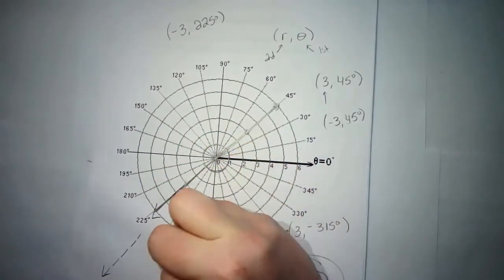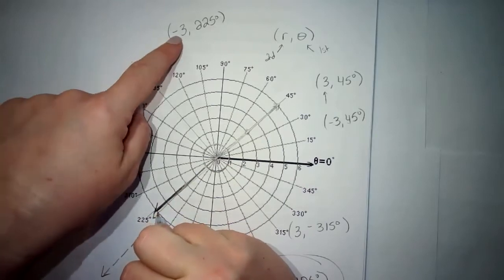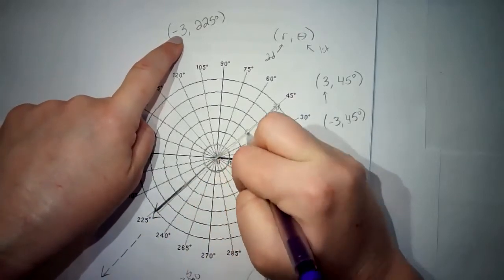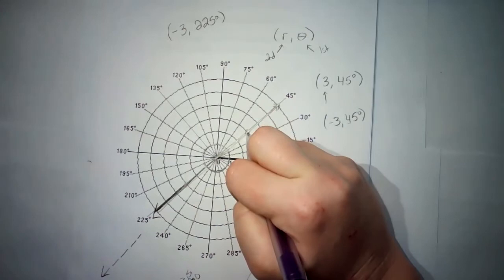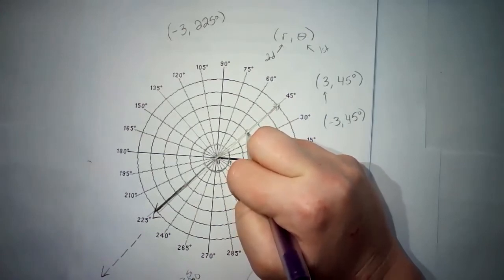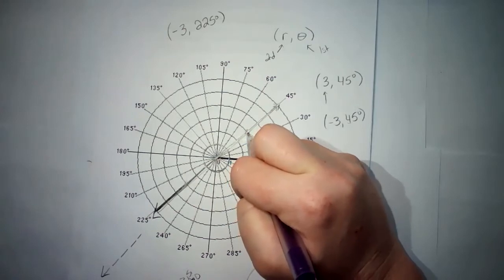But instead of moving forward on it, guess what I'm going to do? Hop back 3, same point. So I can do this a lot of different ways and come up with the very same point. Now we're going to have to have some really clear directions on how to get all these multiple points. I'm going to give you that in a minute.